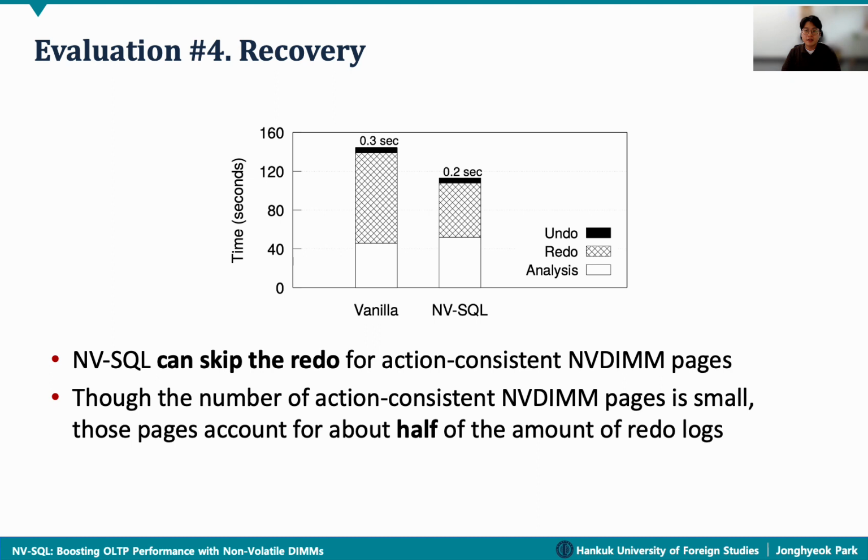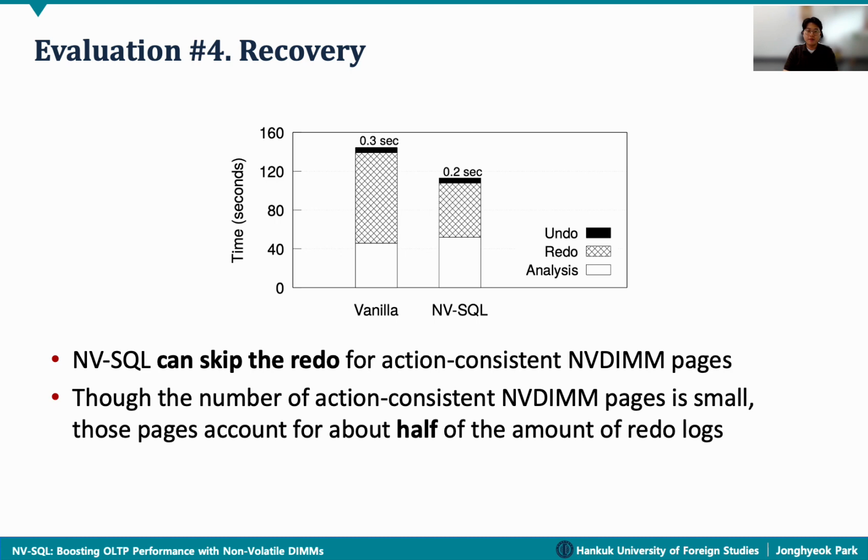Lastly, we measured the amount of time to restore the system. During the analysis phase, MVC-curl takes slightly more time because it needs to scan additional redo logs and NVDIMM pages to detect action-inconsistent pages. However, MVC-curl significantly reduces the redo phase time.